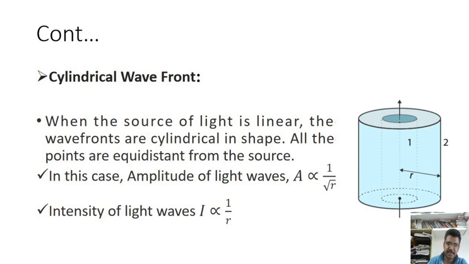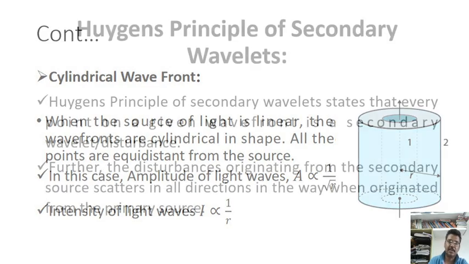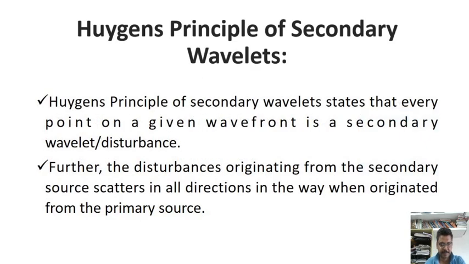In this case, the amplitude of the light wave A is proportional to 1 by square root of r, and the intensity is proportional to 1 by r. So if r decreases, intensity increases; if r increases, intensity decreases. Like that, all these things happen.